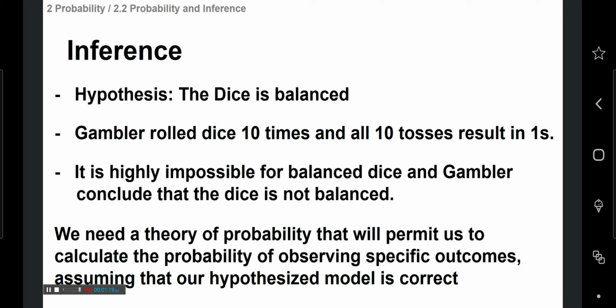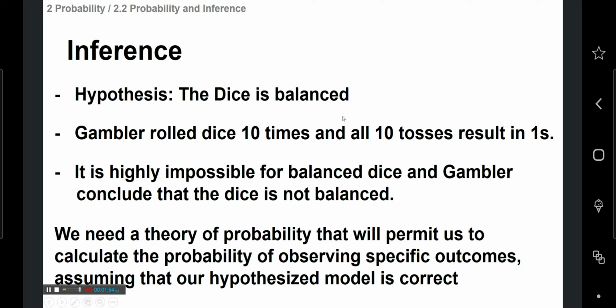And if we observe something like a gambler rolled the dice 10 times and all 10 tosses result in ones, then every time you observe one, it is highly improbable for a balanced dice, and the gambler should conclude that the dice must be wrong. It may not be balanced, from your experiment.